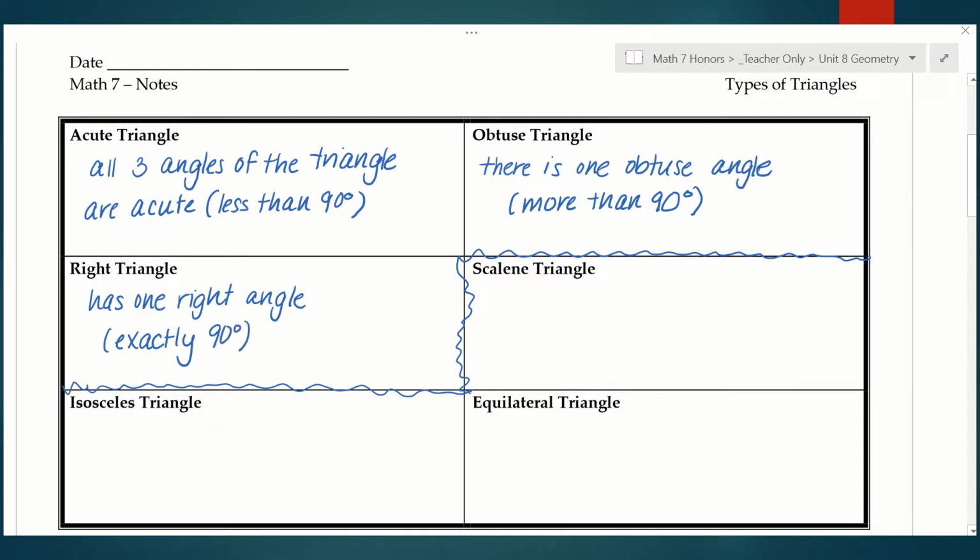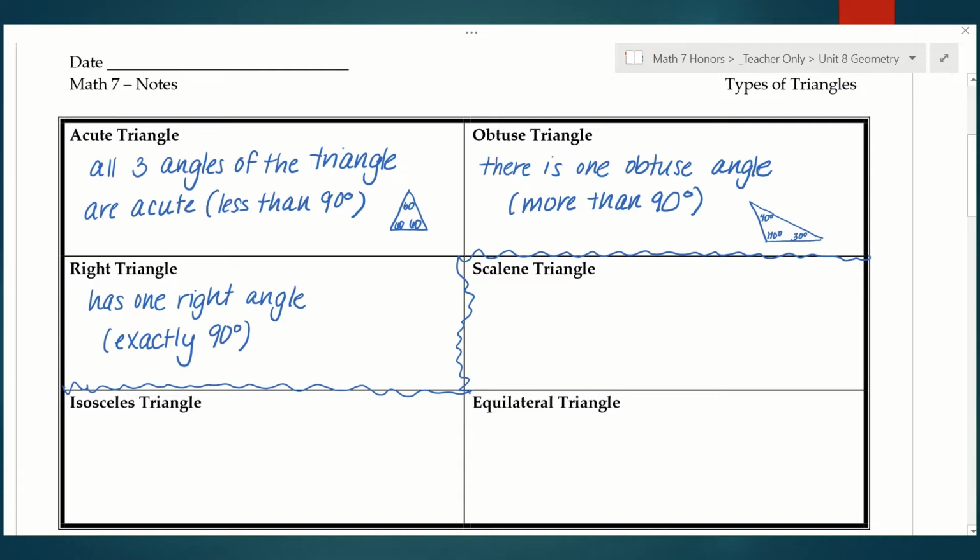Okay, so just as examples here, if this triangle is acute, maybe it's all 60-degree angles inside, so all angles are less than 90 degrees. If I wanted to make an obtuse triangle, I might say this is 110 degrees, maybe this is, let's go with 30 degrees, and so that would mean this has to be 40 degrees.